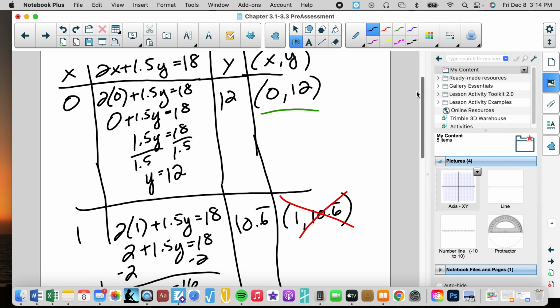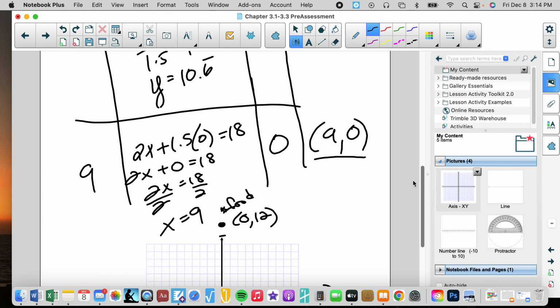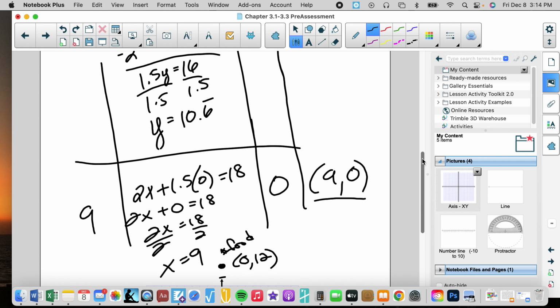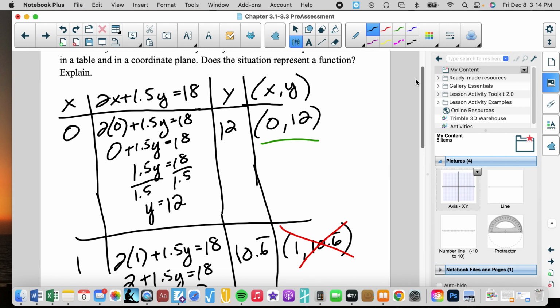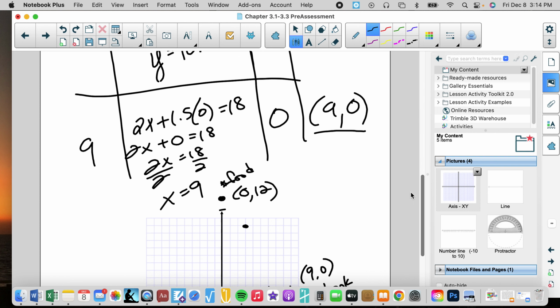6 minus 18 is 9. Is it 3, 9? I bet it is that value. And then we would do 6. 6 times 2 is 12, minus 18 is 6.